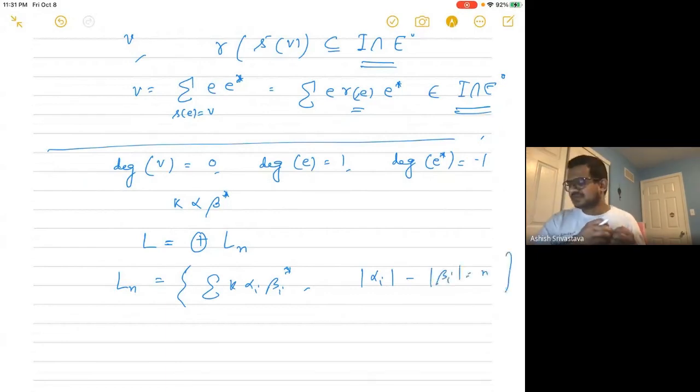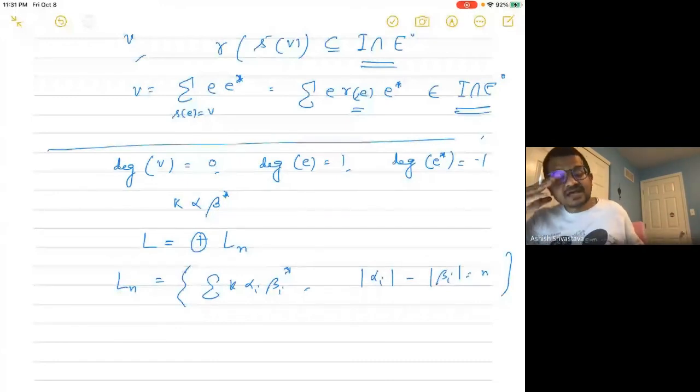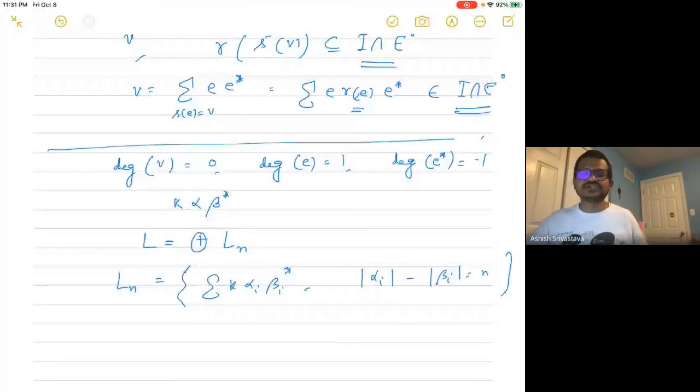So you have the length of the path, and then the length of the ghost path you subtract, and when the difference is n, you call that a homogeneous element. That gives a very natural grading on Leavitt path algebras.